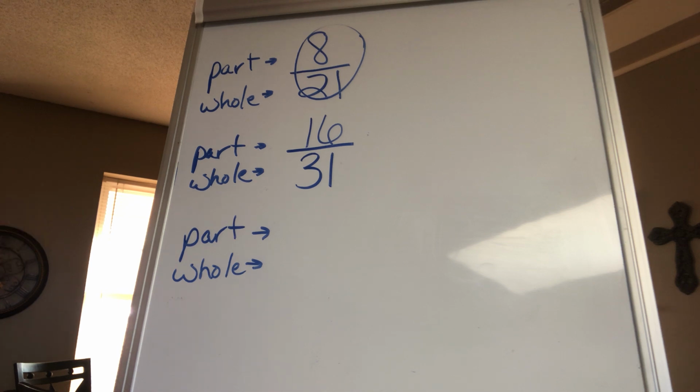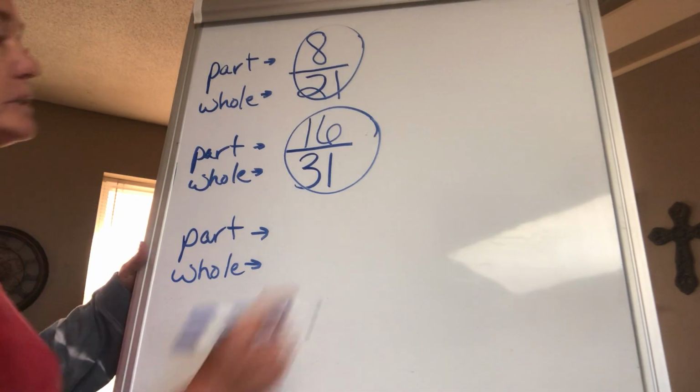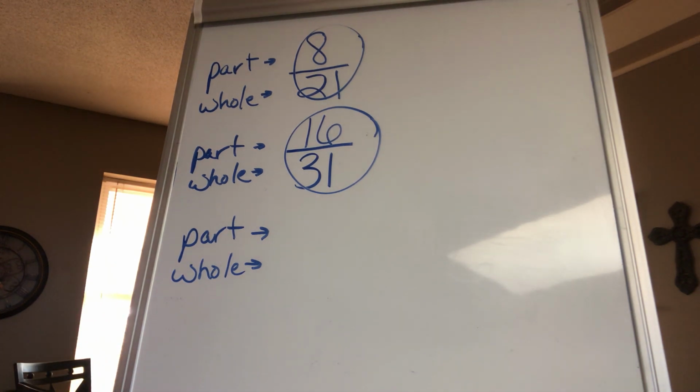I don't see anything that I could divide both of them by and get a 0 remainder. So 16 of the 31 employees, that's the fraction, the part of the whole, 16 31sts are the number of employees that work full-time.